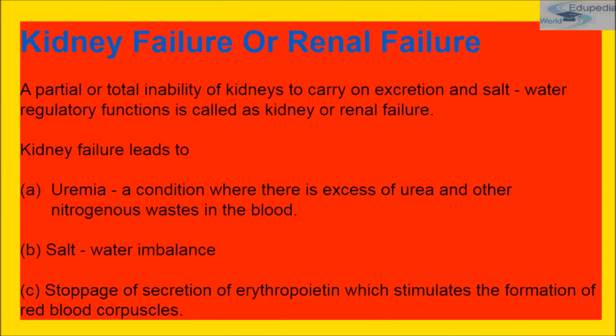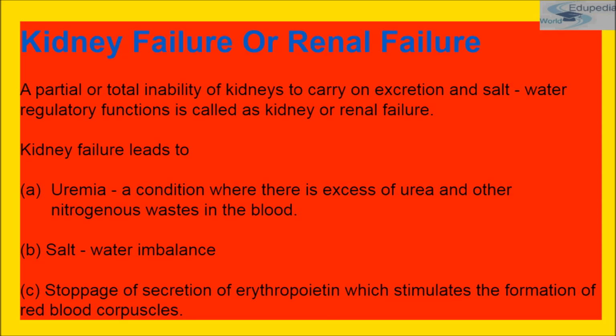So now comes renal failure, which I have already taught you is a partial or total inability of the kidneys to carry out excretion and salt and water regulatory function. It is called renal failure. Okay, so kidney failure leads to uremia.